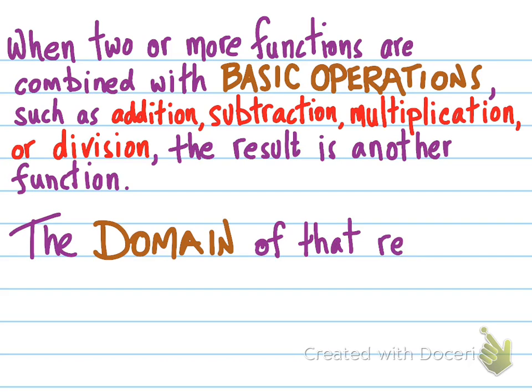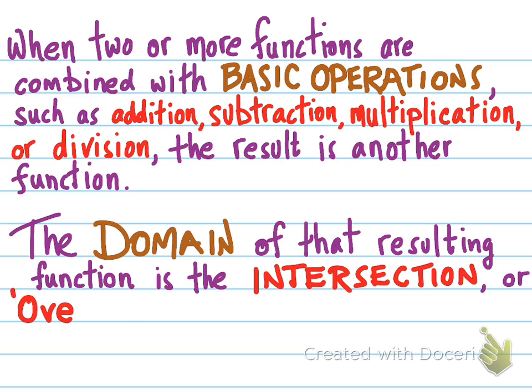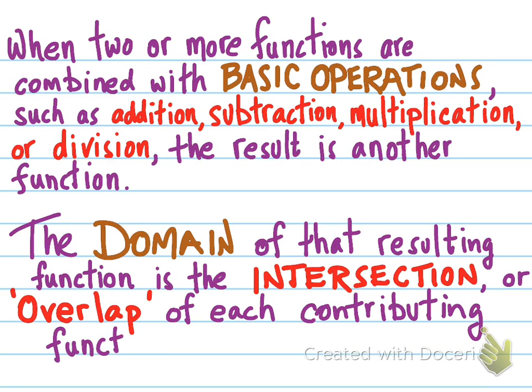The domain of that resulting function, which is a combination of some other functions, is the intersection, or sometimes we say the overlap, of each of the contributing functions' domains. So we have to look at the domain of each of the contributing functions that were combined together, and we find the overlap, or the intersection, of those domains.